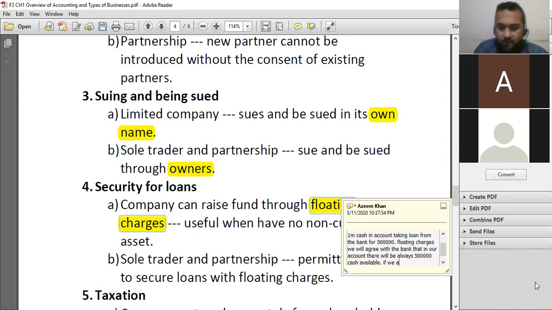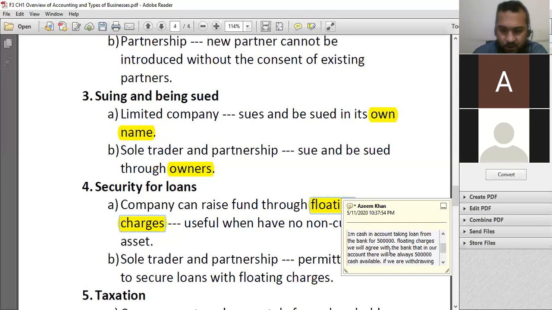If we are withdrawing cash from the account, we cannot withdraw the cash that will bring the balance below 5 lakh. Clear? Now look here, we are using the cash as security for the loan.